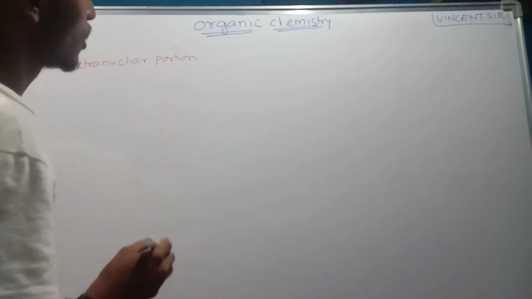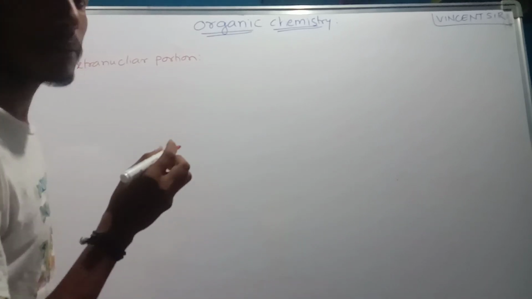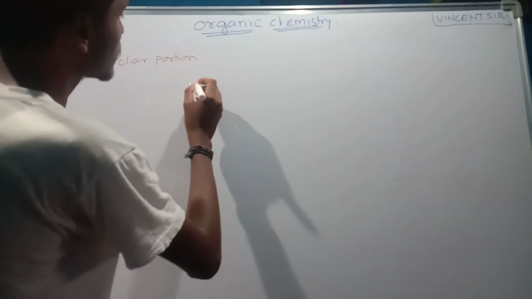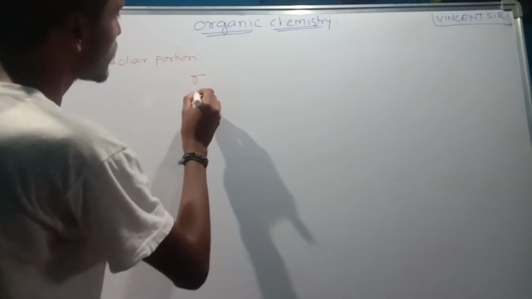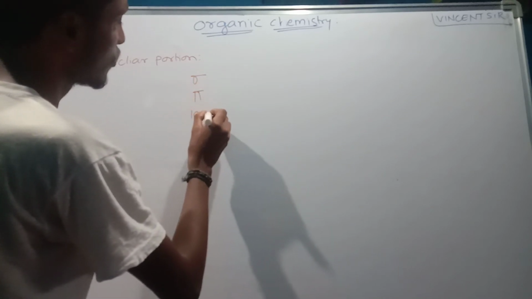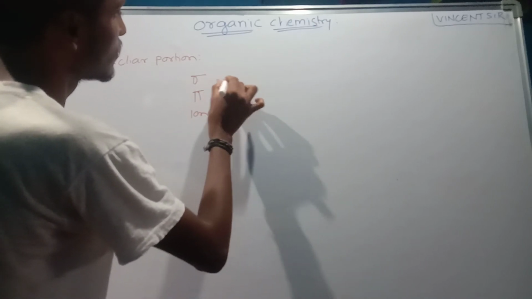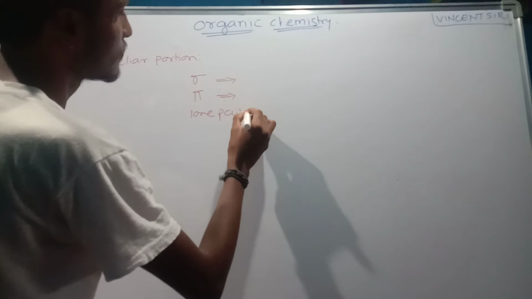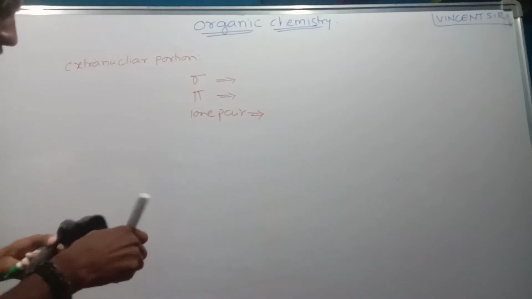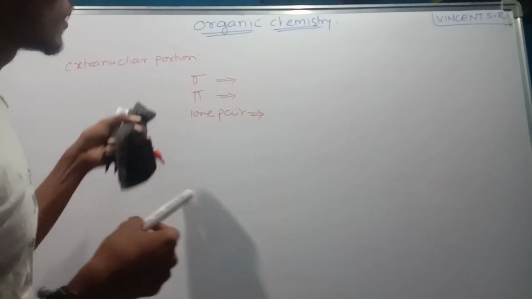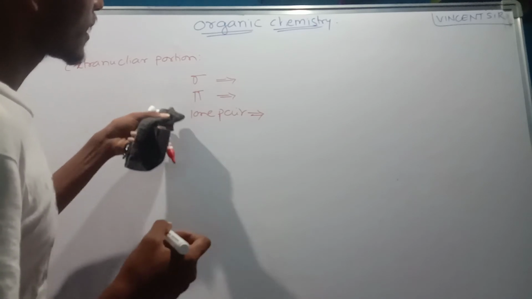That's why you can see only sigma bonding, pi bonding and lone pair.